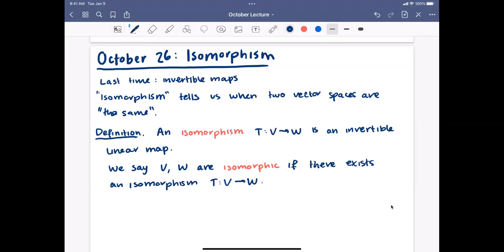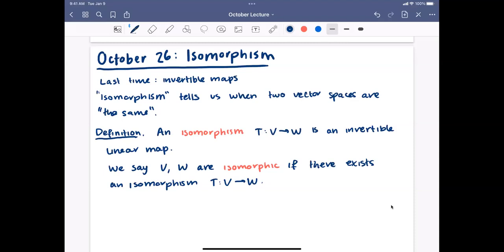Okay, so really this isn't actually a new concept. We saw invertible linear maps last time, and recall that a map is invertible if and only if it is injective and surjective. So that is what an isomorphism is. Why do we say that V and W are the same vector space?